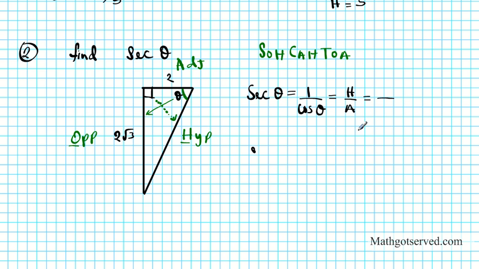I know my adjacent is 2, and my hypotenuse, I have no idea. So how do I figure it out? I'll use the trig ratio a square plus o square equals h square.